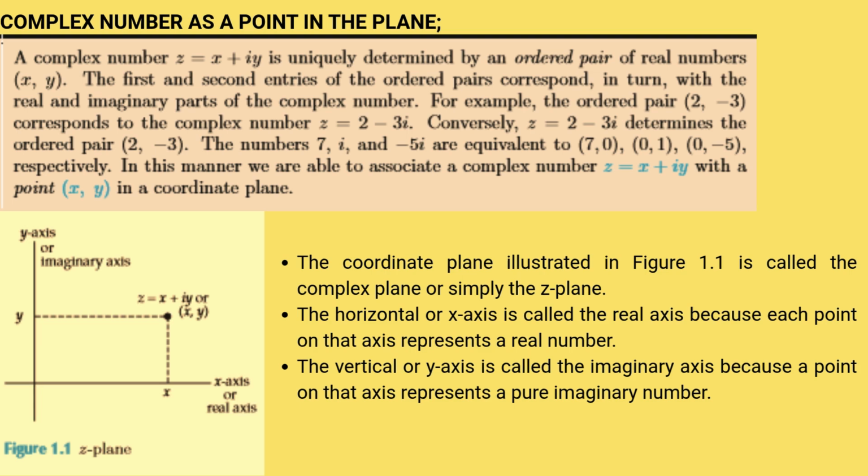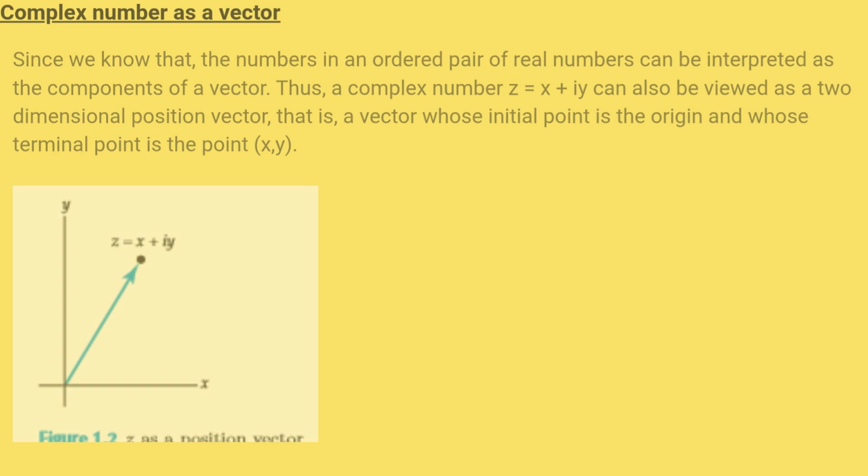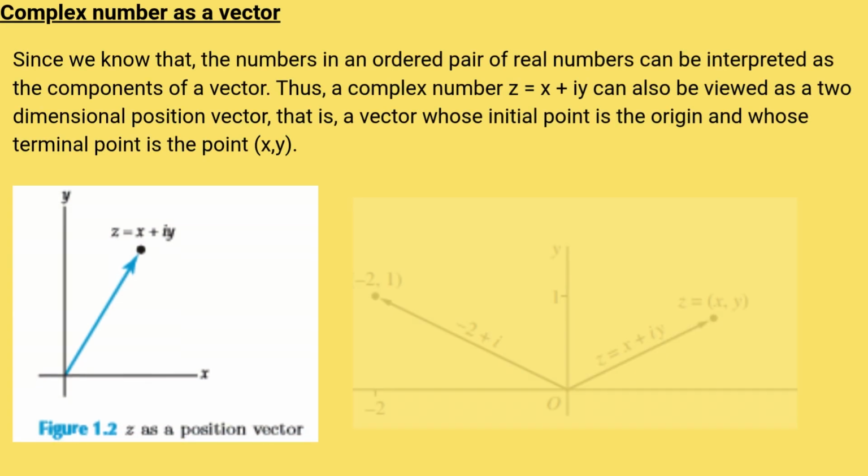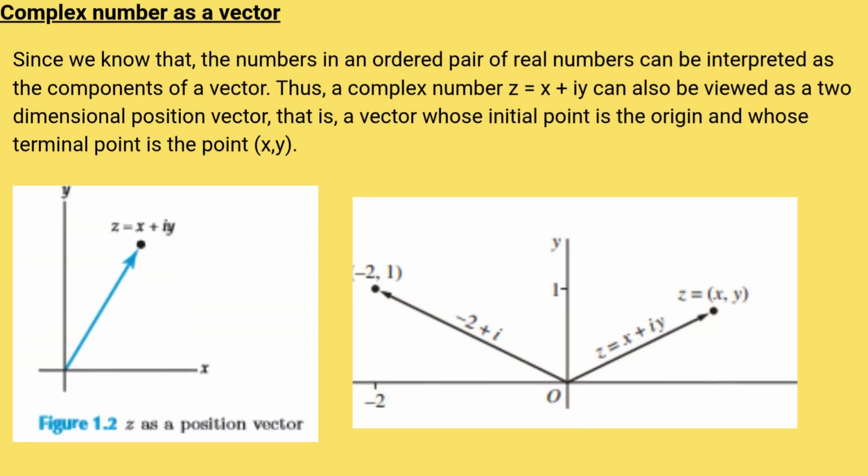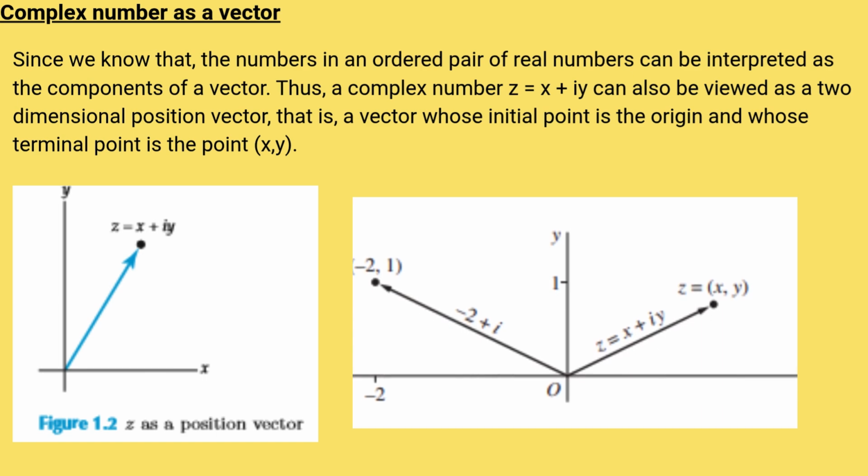So there is also another definition which is associated with the concept of a point in the plane. Since we know from early mathematics that every ordered pair represents a vector in the plane, and every complex number can be represented by a point or an ordered pair, we can associate the concept of a vector with the concept of a complex number.